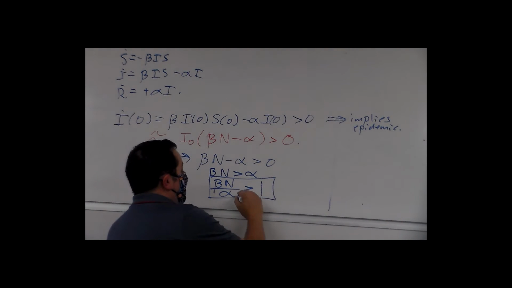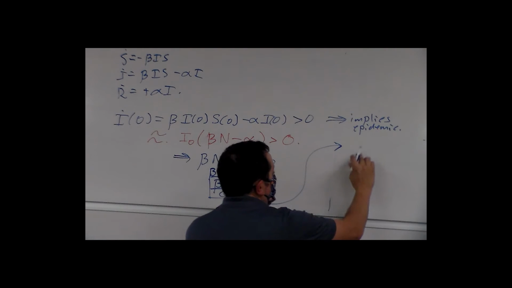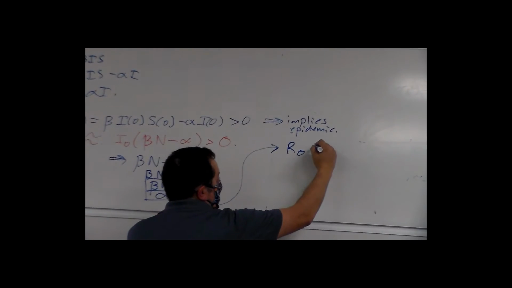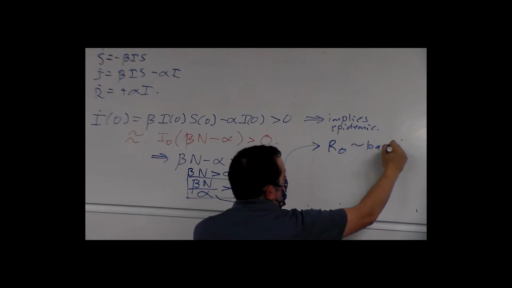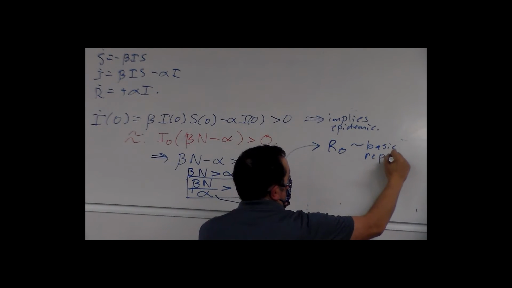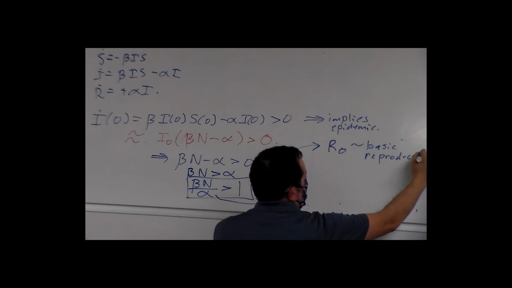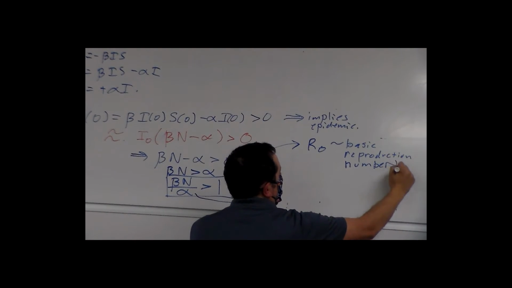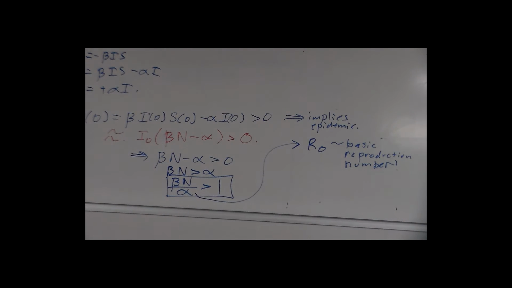So this quantity comes up enough that it's given a name. This is what's known as R naught, or the basic reproduction number. And it does tell you whether or not an epidemic will occur. You got to be careful with that type of language in this model.